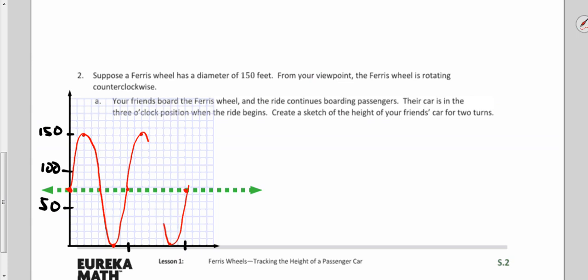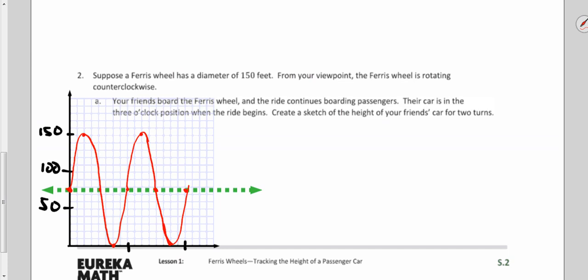That's right. I gotta redo this one. There we go. Is that better? That's better. Okay. So, we create a sketch of the height of your friend's car for 2 turns.